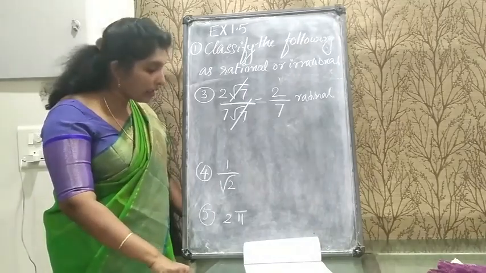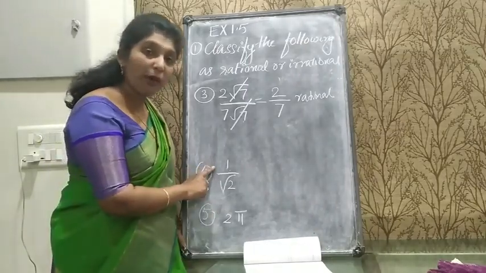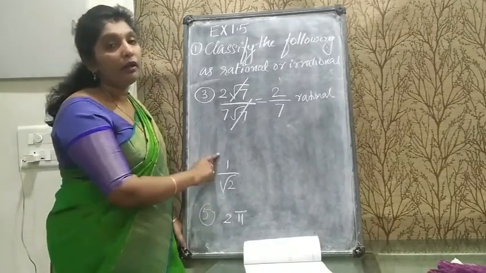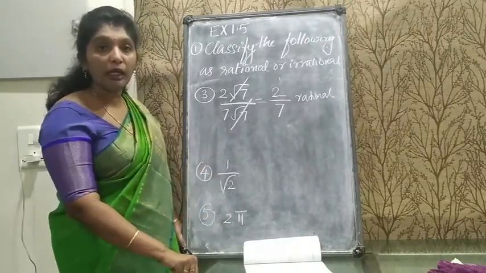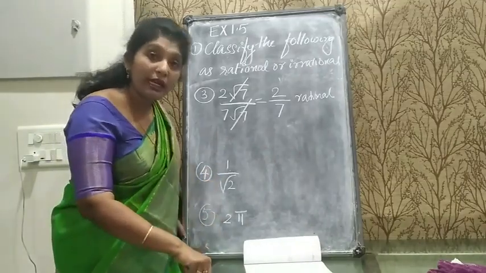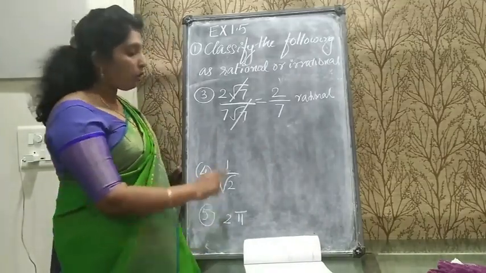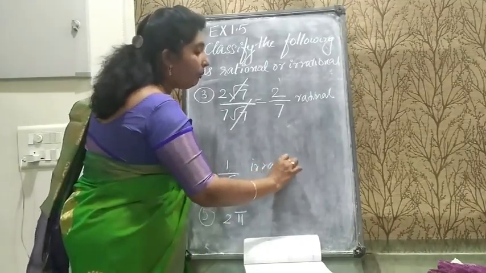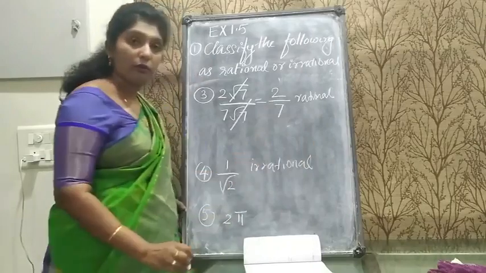So here you can write: rational is divided by irrational. So 1 by root 2 is an irrational number. That way you have to conclude it.